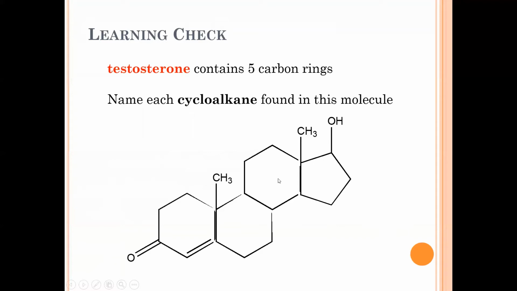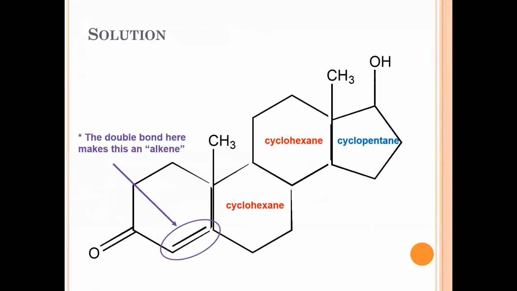Then you have 2 that have 6. These are cyclohexanes. As much as we want to call this cyclohexane, it's really close. It has a double bond. Because it has a double bond, this is going to be considered cyclohexene, and we'll get into that in the next group, okay? This is an alkene. The other ones are all alkanes.